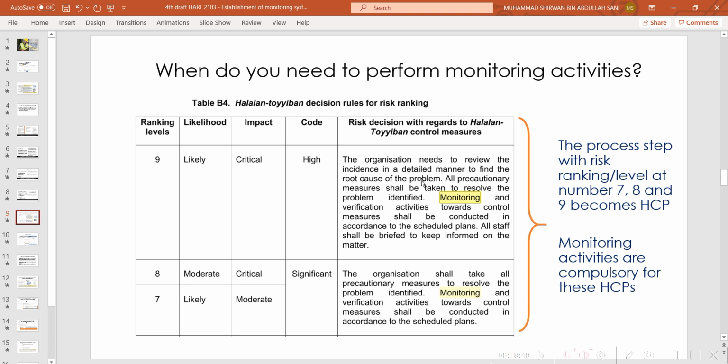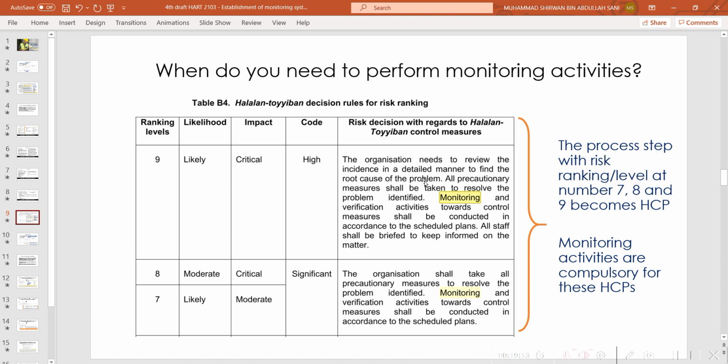As usual, in the previous class, as I told you, any step that becomes HCP, halal control point, shall be monitored. So when you carry out the table 1, halal control point table under Dr. Nurul's section, you will decide the likelihood and the impact or severity, and from there you will identify the ranking, right?